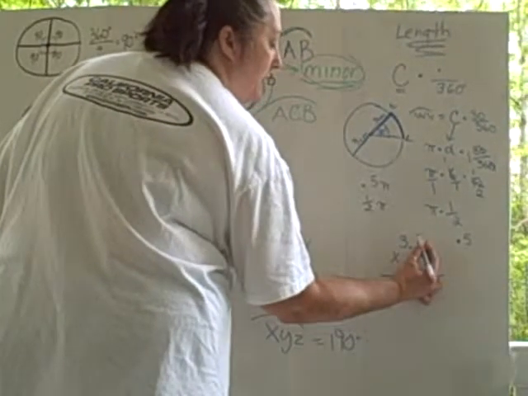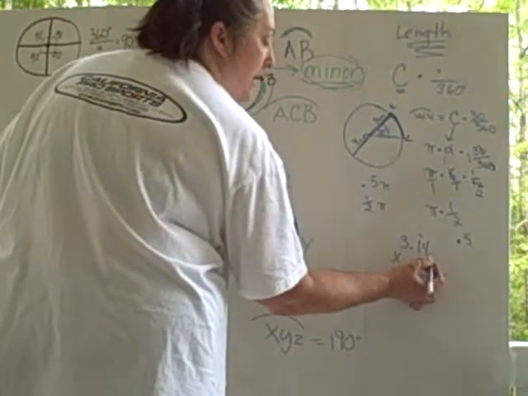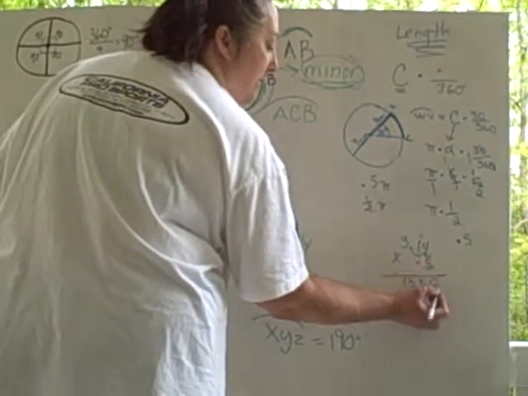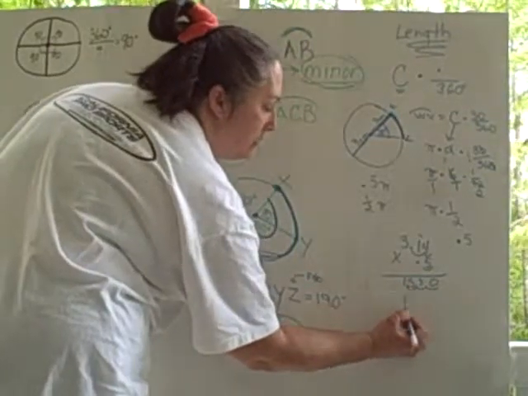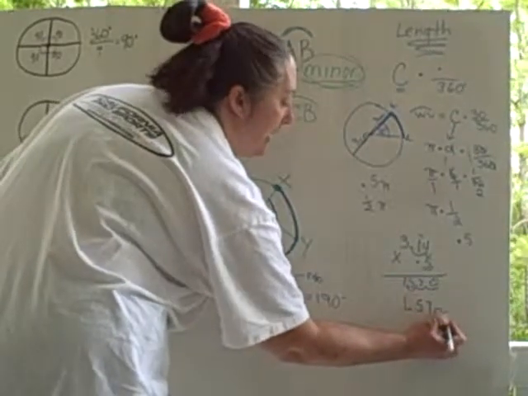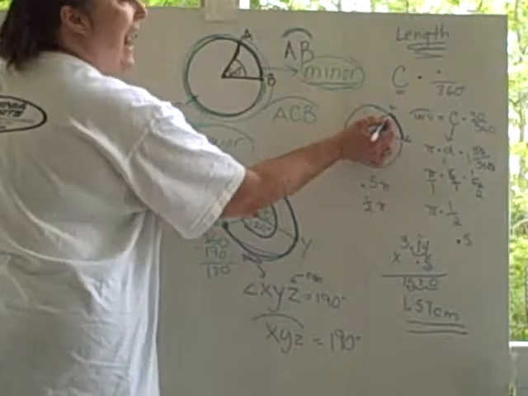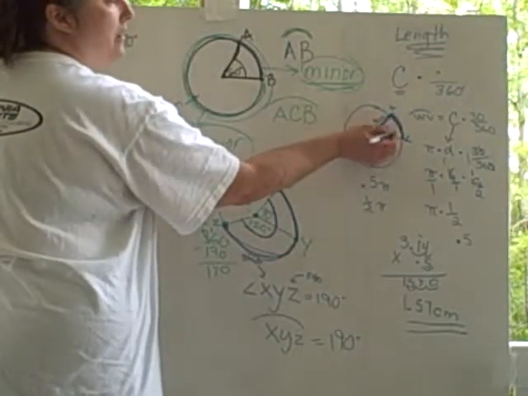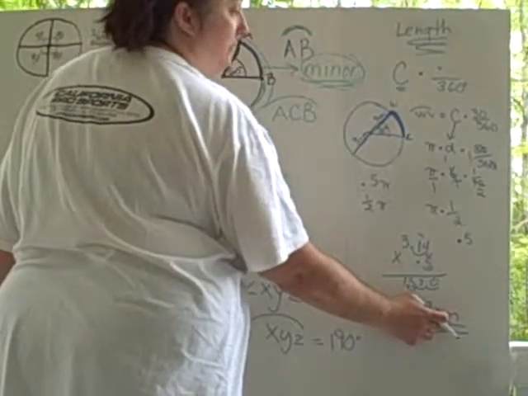Doing the math, moving the decimal 1, 2, 3 spaces, I get the answer 1.57, and the answer would be centimeters. The length of this arc is 1.57 centimeters.